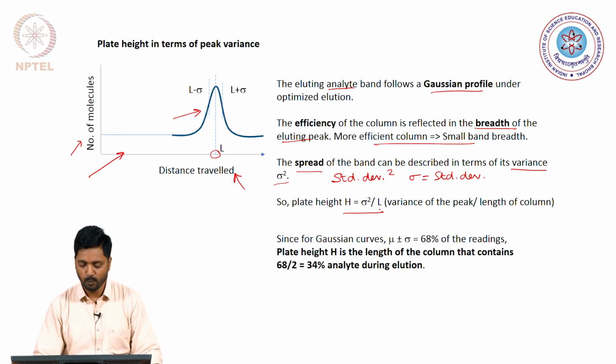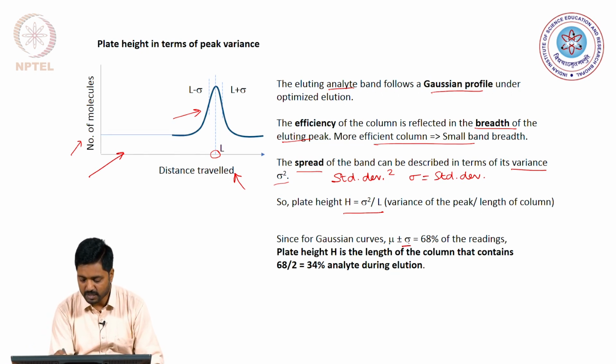What we observe here is that the plate height can be reduced by either reducing sigma squared, the variance of the peak, or, the more trivial protocol, increasing the length of the column.